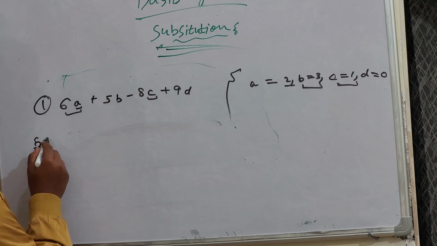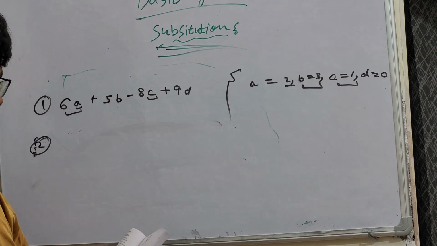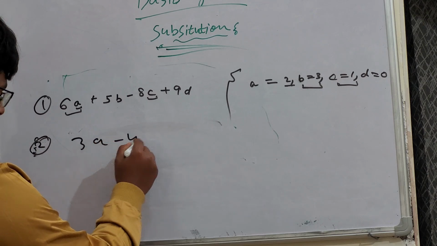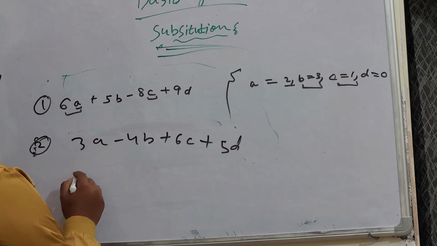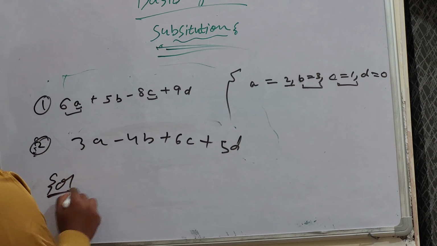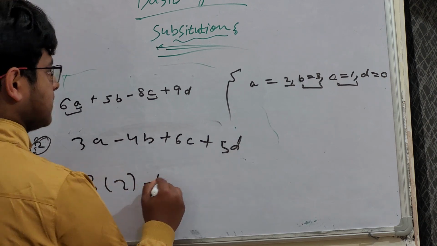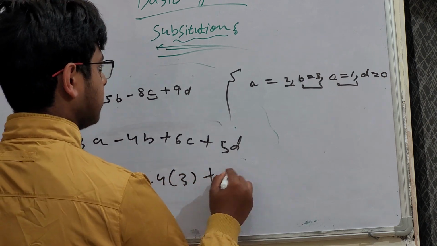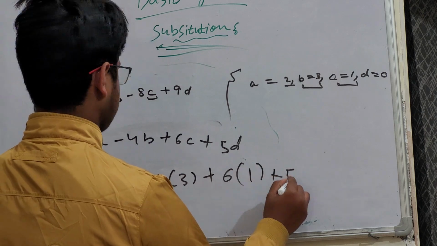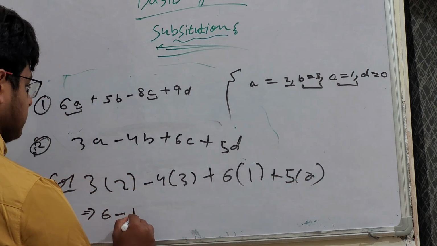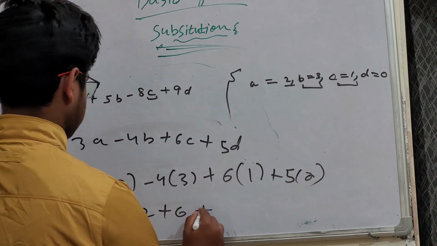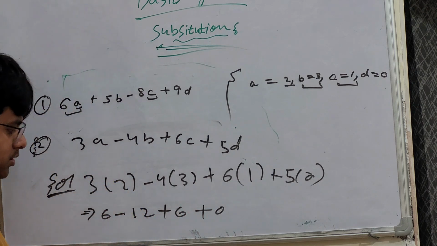Next, the values are the same: 3a minus 4b plus 6c plus 5d. I'm going to solve this one. It is 6 minus 12 plus 6 plus 0.